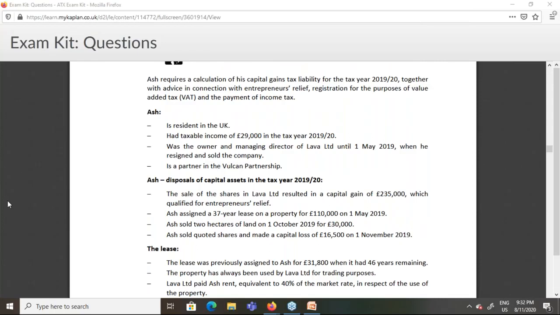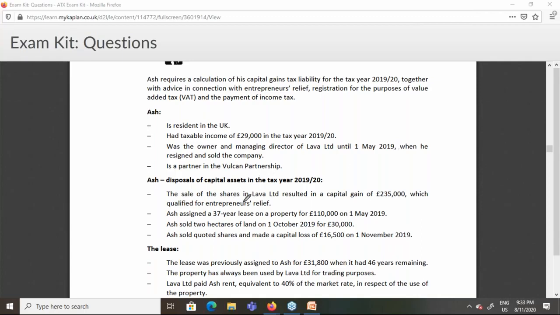It is extremely important at the exam for you to take adequate time to read the question carefully and understand the sequence of events and the connection between the transactions that you have been given, if any. Now, in this situation, he was the owner and the managing director of Lava Limited until 1st of May 2019.